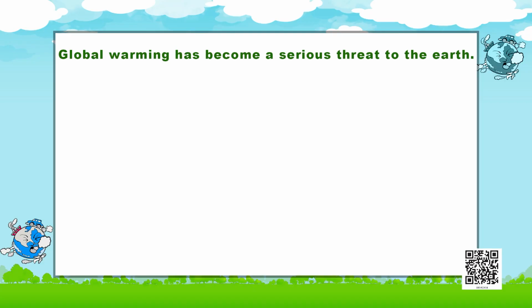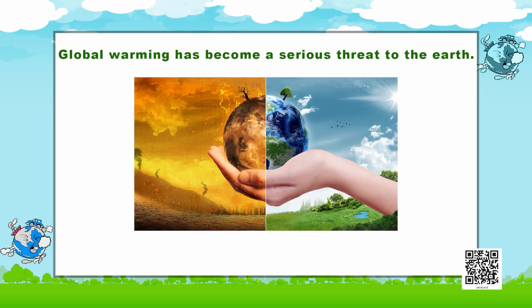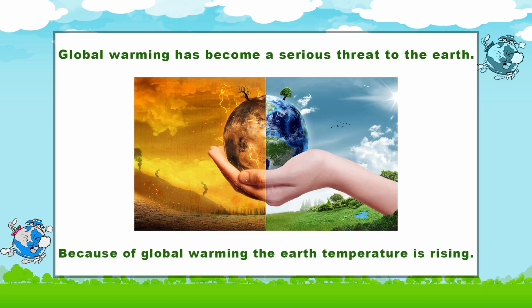So now we know, because of the greenhouse effect, the Earth's temperature is continuously rising because the heat is not escaping out to space. This is known as global warming. Global warming has become a serious threat to Earth. Because of global warming, the Earth's temperature is rising.